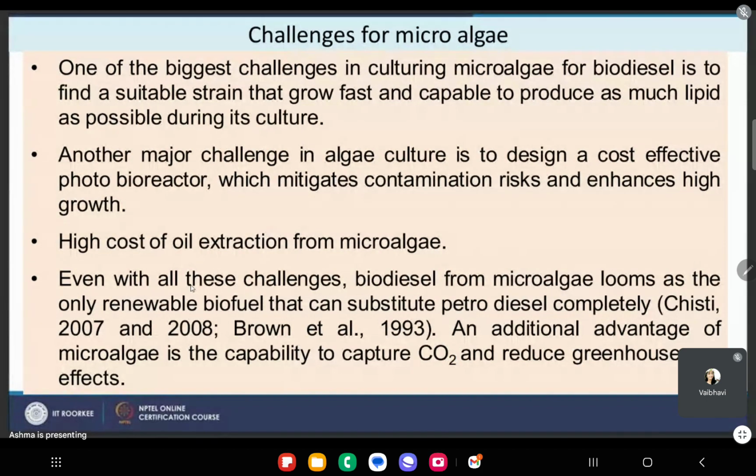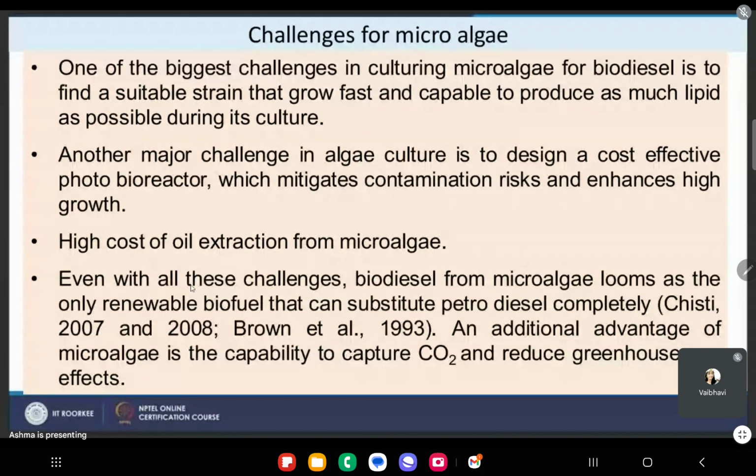Another major challenge is to design a cost-effective photobioreactor which also mitigates the contamination risk, because if we are using an open system, then there are chances of contamination of the algal culture in the photobioreactor.